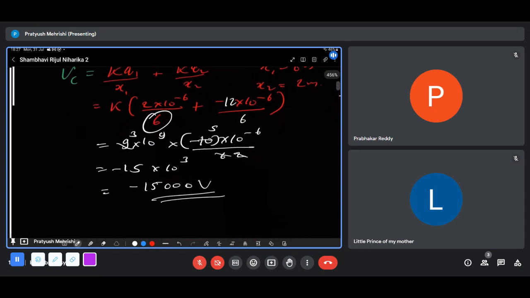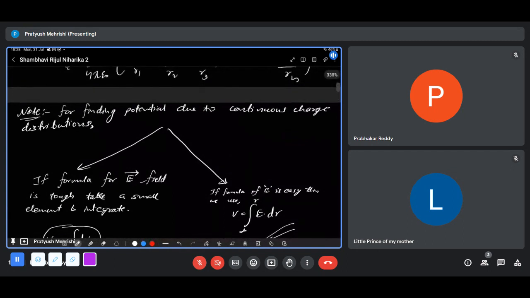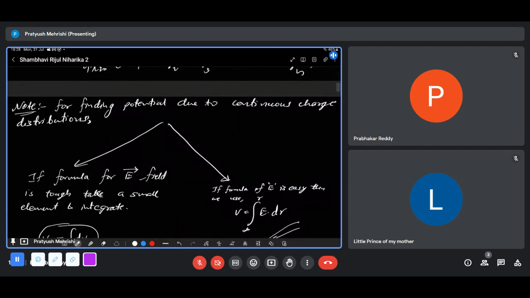Now similarly, other questions are also there. Now, for continuous charge distribution, how to calculate? Because of charges, the potential will be there. But till now we have seen point charges. But if the charge is continuous, means spread over a sheet or a conductor rod or a sphere or any symmetrical or unsymmetrical object, then how to calculate that?